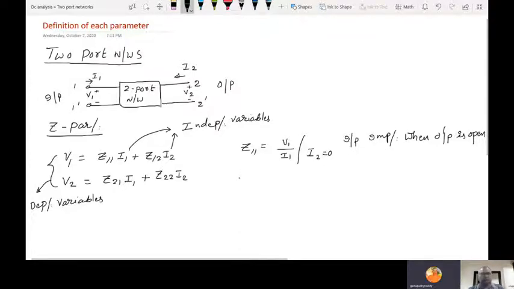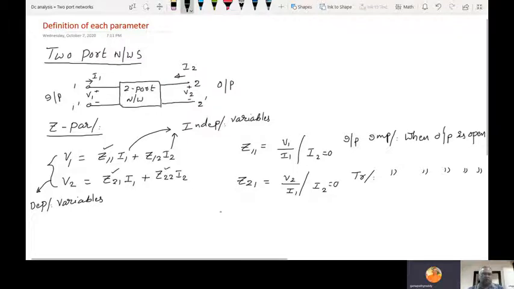Current 0 means open. So after Z11 we find out Z21. Z21 is V2 by I1 when I2 equal to 0. V2 by I1 is a transfer impedance when output port is open.